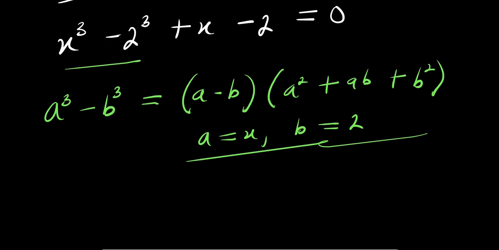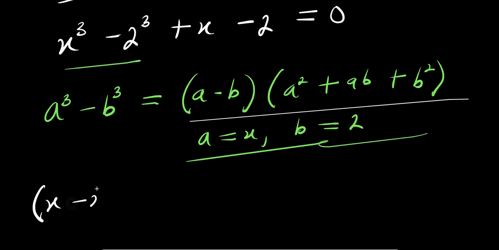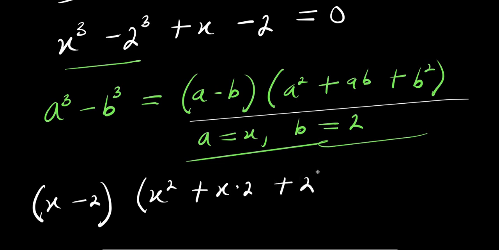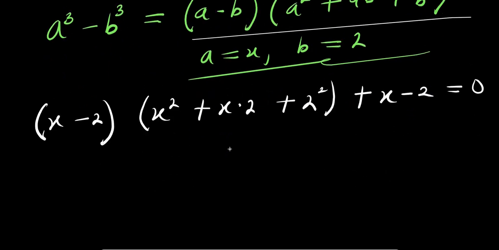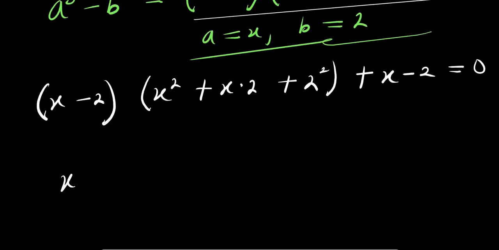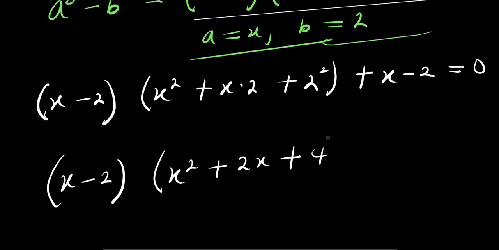So, applying that here, I'll have x minus 2 times x squared plus x times 2 plus 2 squared, plus x minus 2 equals 0. I have x minus 2 times x squared plus 2x plus 4 plus x minus 2 equals 0.